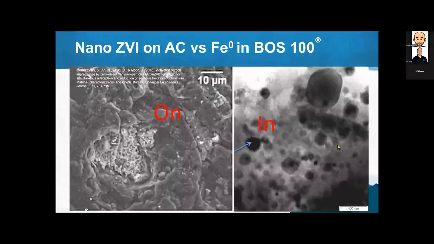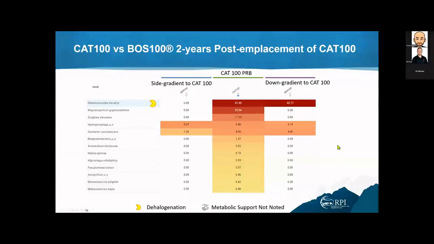Okay, so now what I want to do is look at a site where we had injected both CAT and BOS on the same site. Now the column to your left is side gradient to the CAT 100, so this is just a BOS 100 injection.